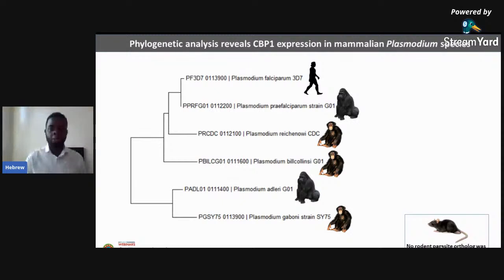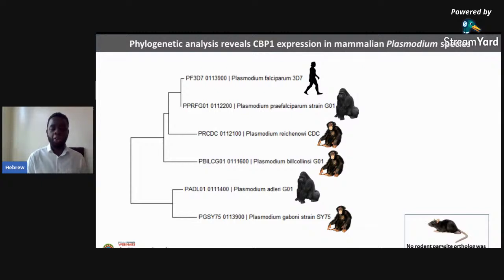This means that these were primarily primates. We have a human for Plasmodium falciparum, a gorilla for Plasmodium praefalciparum, and for Plasmodium reichenowi and Plasmodium billcollinsi, we have a chimpanzee. So of interest is that we were not able to get any rodent orthologs for this parasitic protein.